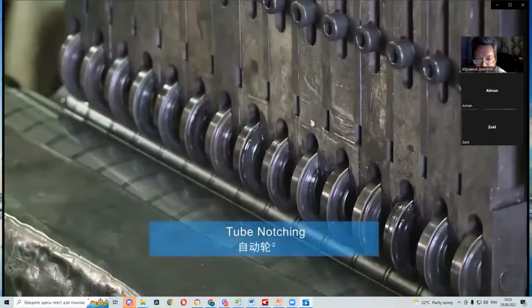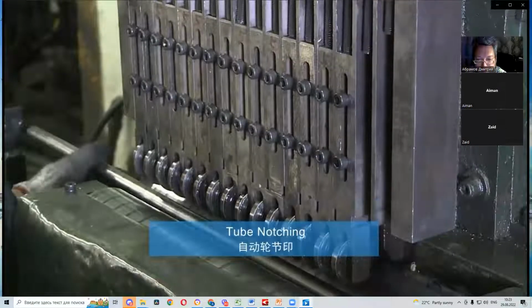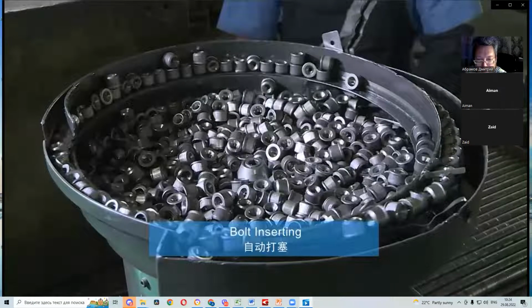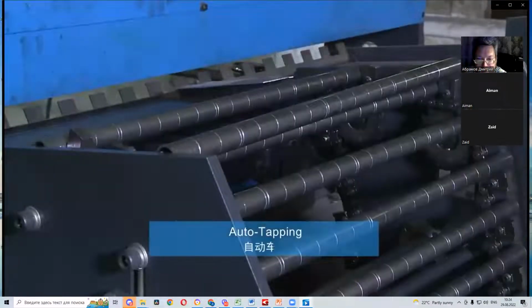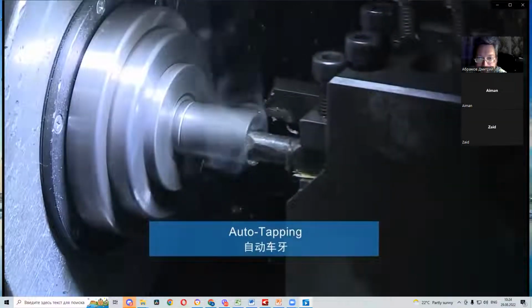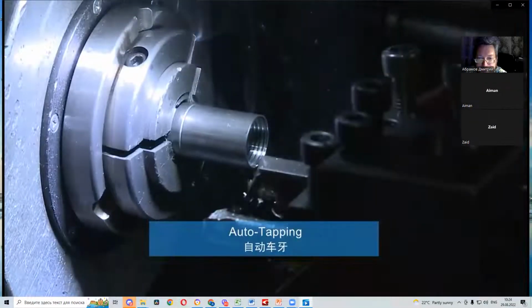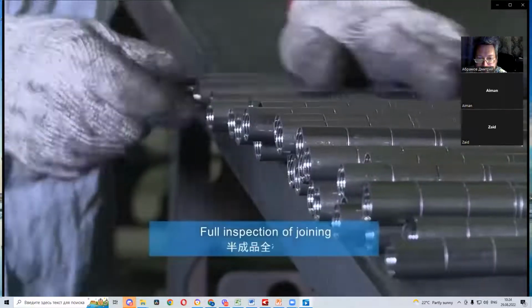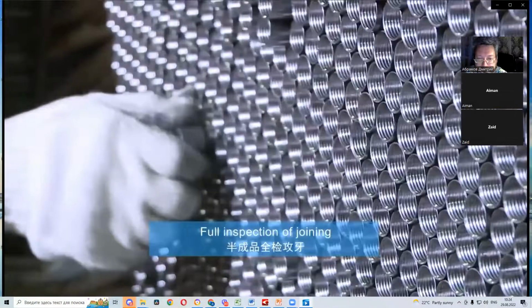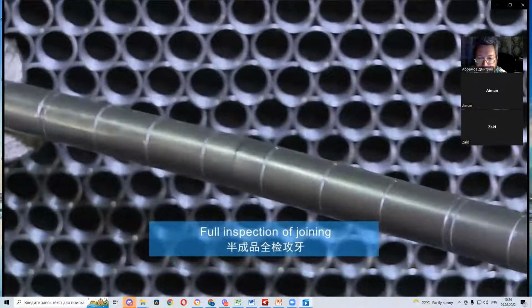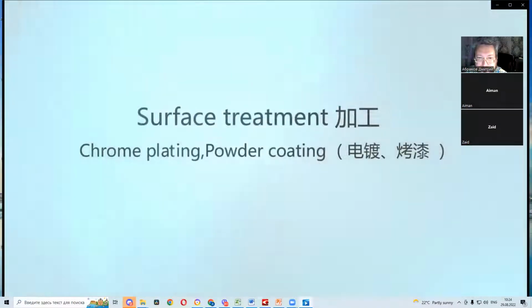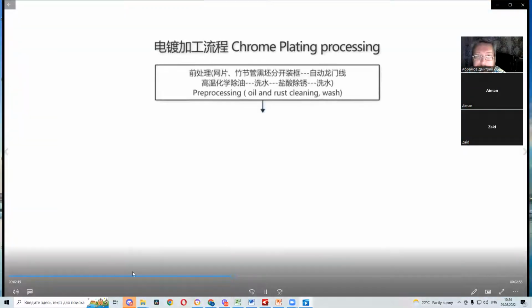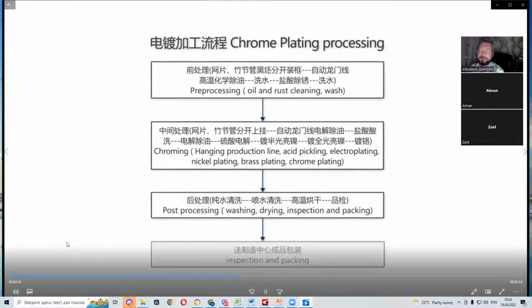That is tube cutting, tube notching, bolt inserting, auto tapping, full inspection of joining, chrome plating processing.